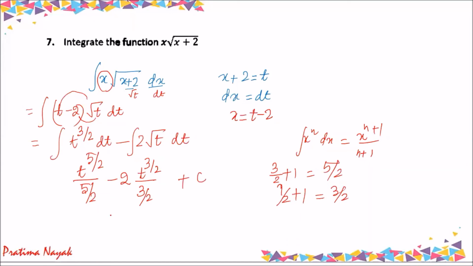Now replace your t. I'll write it this way: t is x plus 2. So it is 2 by 5 (x + 2) to the power 5 by 2, minus 4 by 3 (x + 2) to the power 3 by 2, plus c. This is your question number 7.